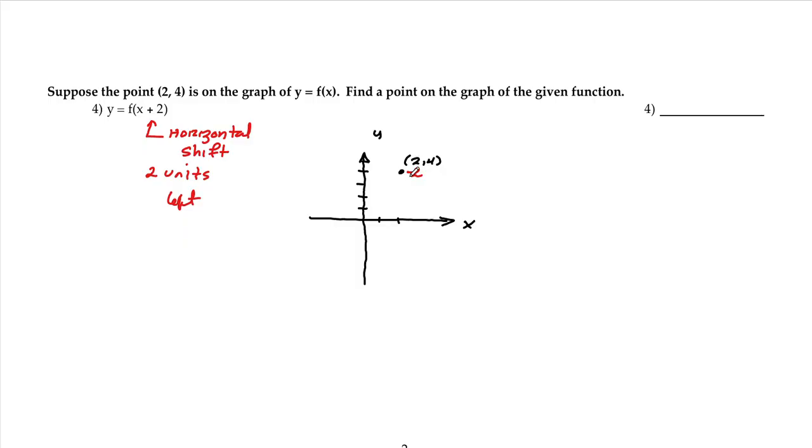So 2 minus 2 is 0. The new position of this point would be 0, 4. So the point 2, 4, under the transformation y equals f of x plus 2, a horizontal shift 2 units to the left, goes to the position 0, 4.